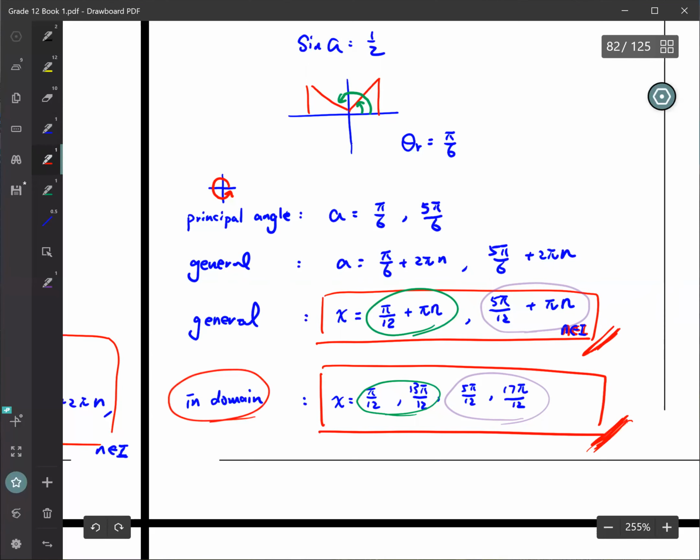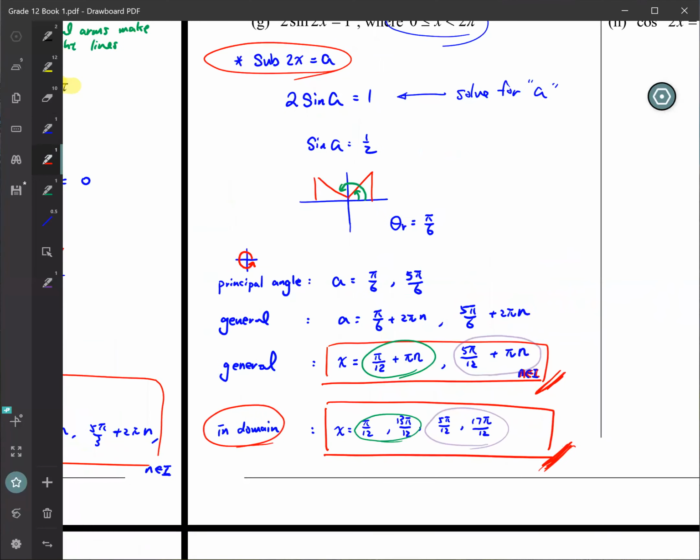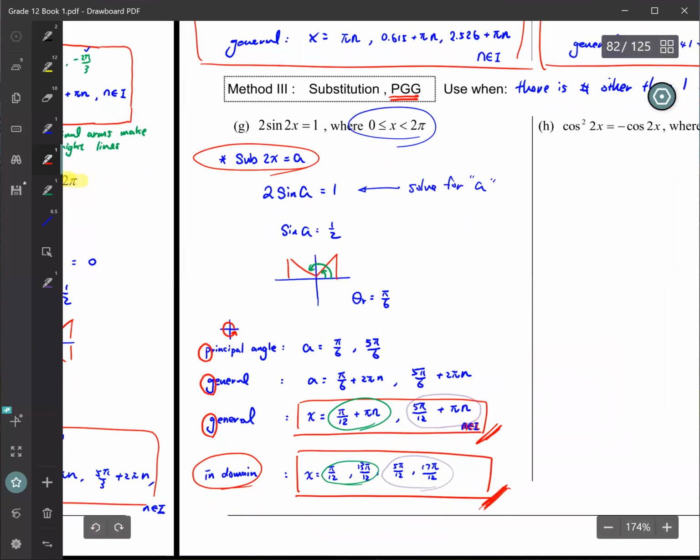So first, you start with substitution, then you get the principal angle, then you get the general, and then general. That's why it's called PGG, just a little letter there to help you remember what order to do it. Principal first and then get the 2 generals.